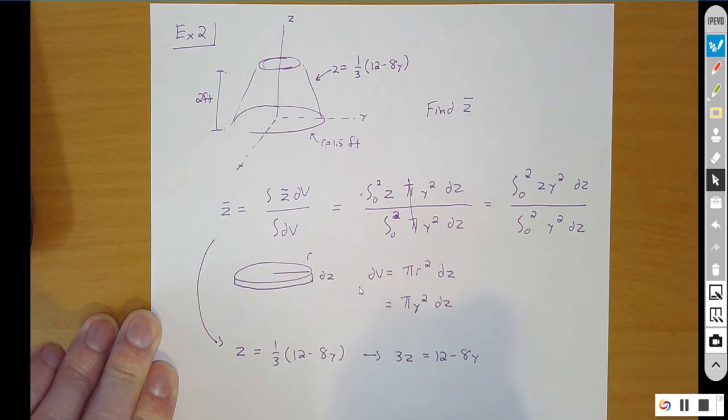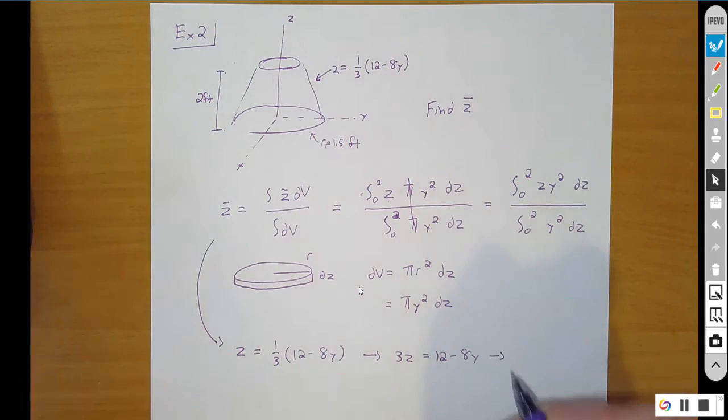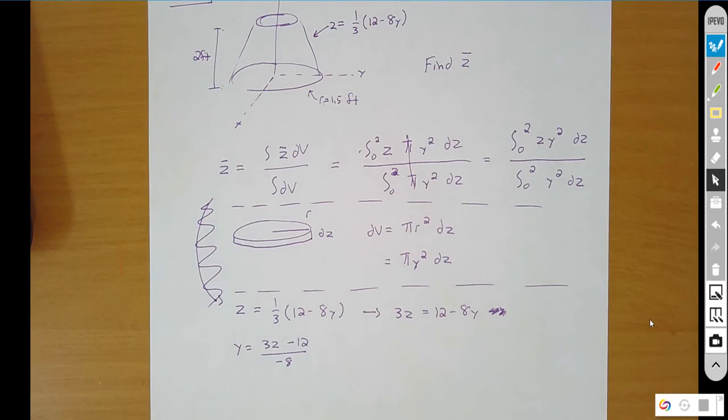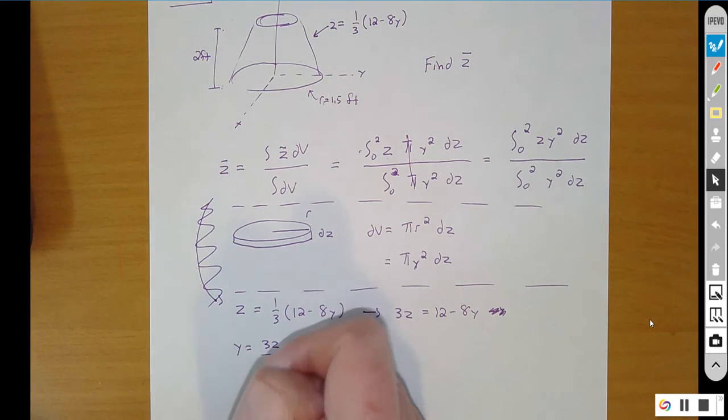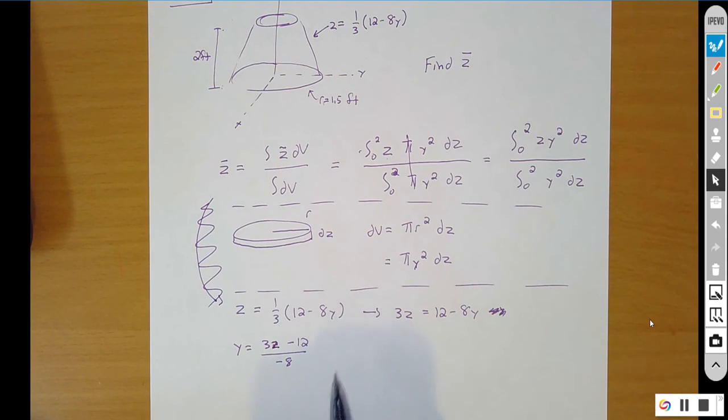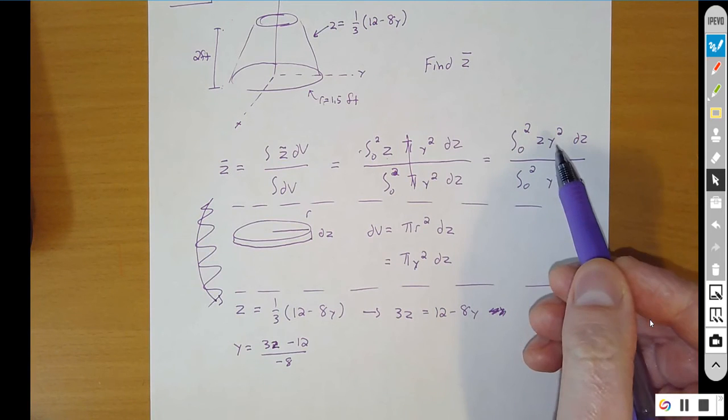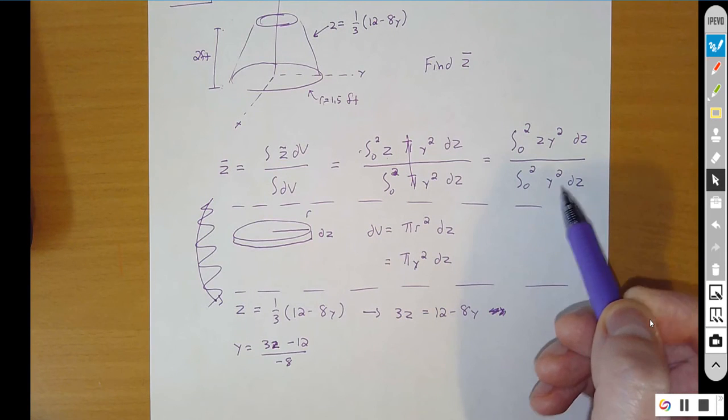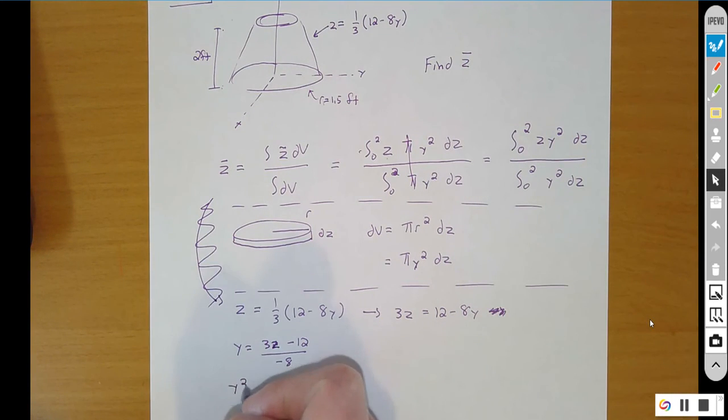You just keep working until you get this all cleaned up. You should get y equals (3z minus 12) over negative 8. We're going to plug this back into this equation, so these are going to be y squareds. Let's go ahead and find y squared.